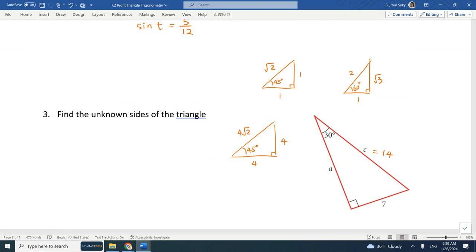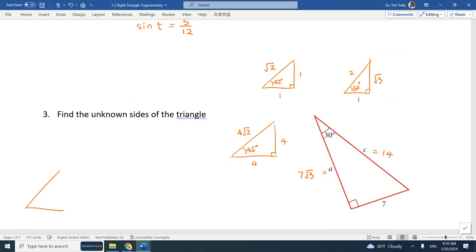So A is 7 times square root of 3. Is that okay, everybody? So once you know the 45 degree and the 60 degree or 30 degree, you draw these two triangles and all the sides have the same ratio. So you just compare. If this is 4, I get this. If this is 7, then I get this. So let's do more exercises.